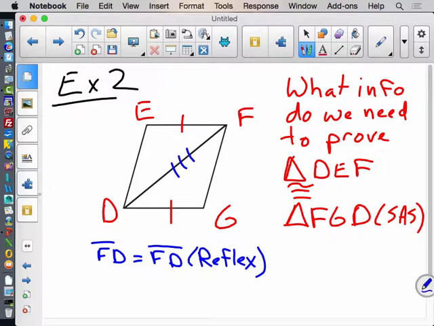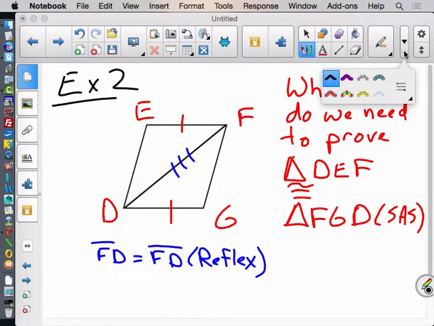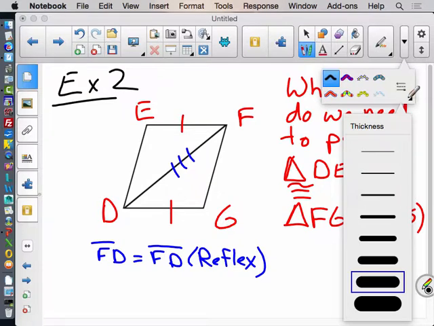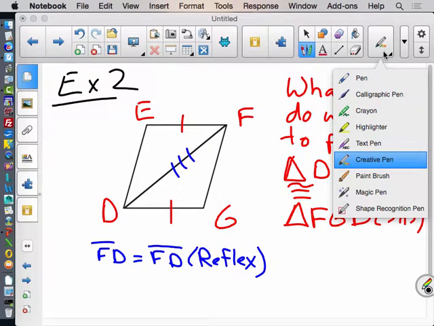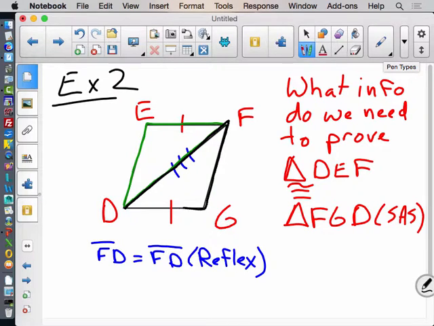To make things a little easier for you, let me change this up a little bit. Remember that this is a triangle here. This is DEF, right? And then this is FGD. Okay?